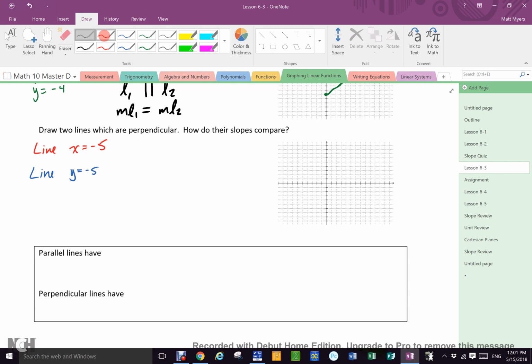Does everybody have it? Or have a guess, at least? Great.